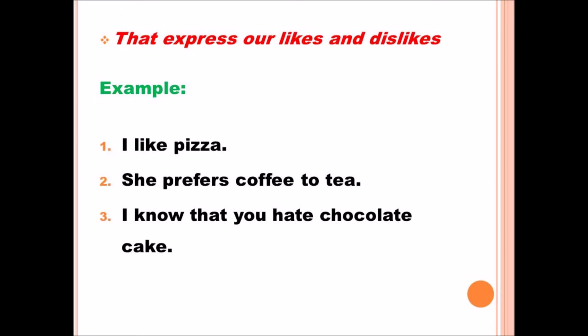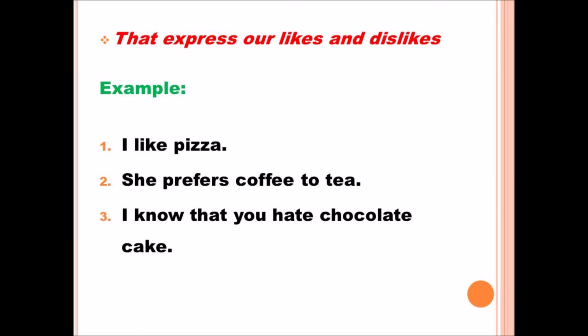So for these likes and dislikes, what do we use? We use simple present tense. Look at the examples. I like pizza. Here it is written in simple present. Like is a present form of the verb. So we use simple present tense to express our likes and dislikes.